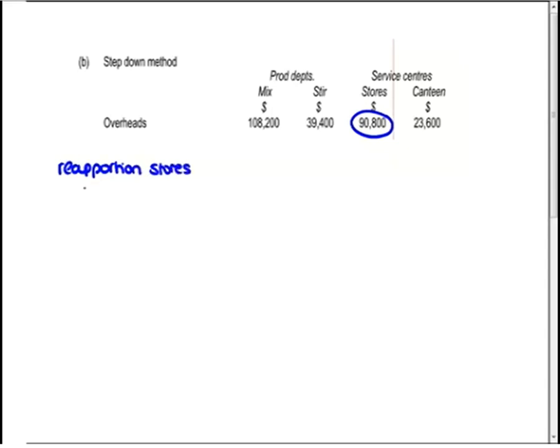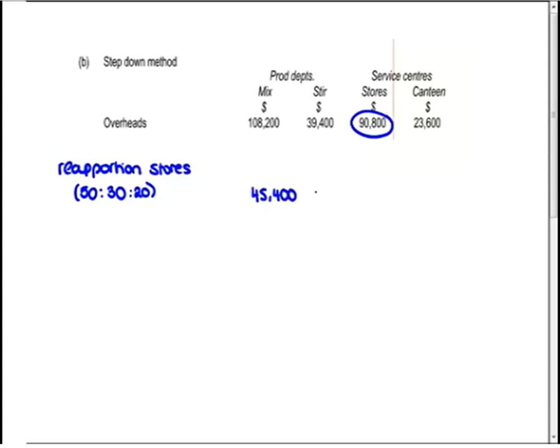And we're going to reapportion the stores then in the proportions 50% to mixing, 30% to stirring, and 20% to canteen. So when we were using the direct method, we ignored the fact that the stores were doing work for the canteen.